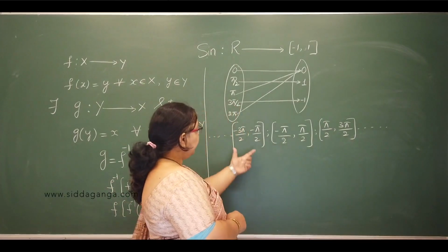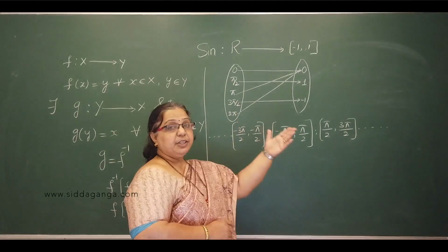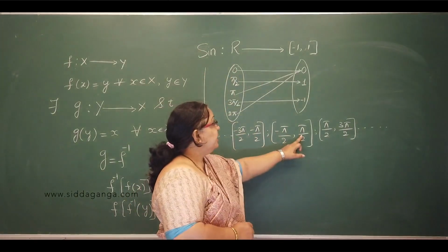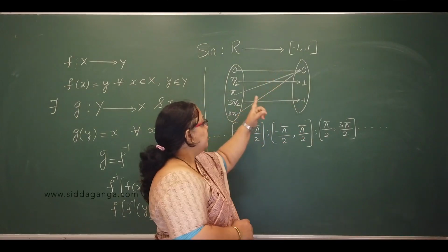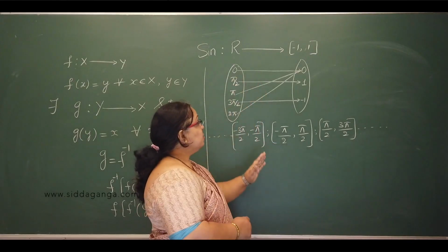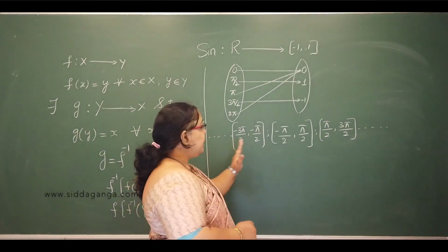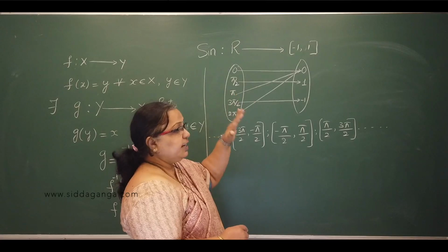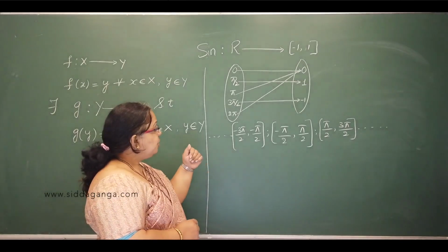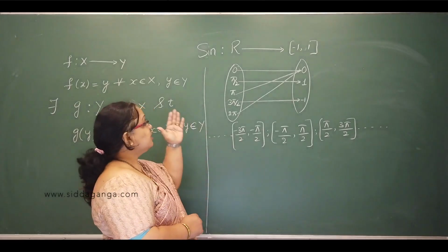Now in each of the intervals, the sine function becomes a bijective function. Looking here, sin 90 degree is 1, which is in the range, and sin of minus 90 degree is minus 1, which is also there. So now it becomes a bijective function. In these intervals the sine function becomes bijective. Corresponding to each interval, we can write the inverse for the sine function.